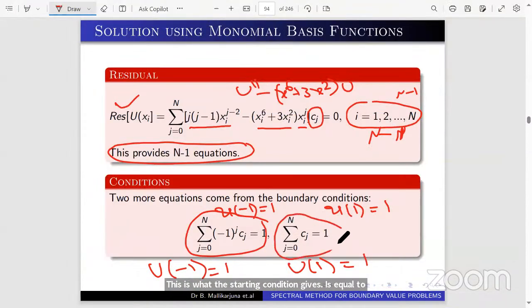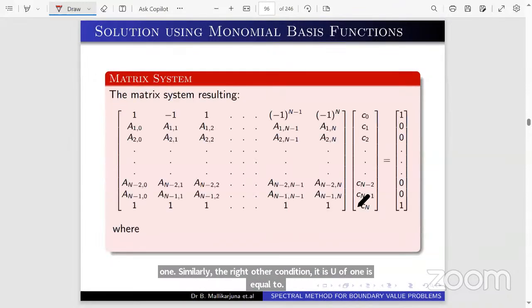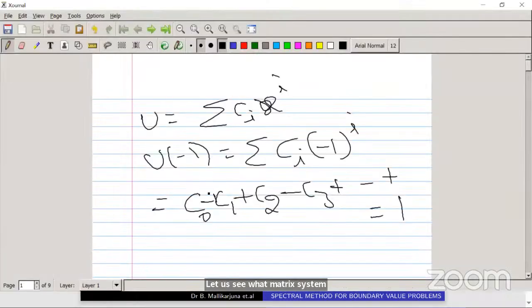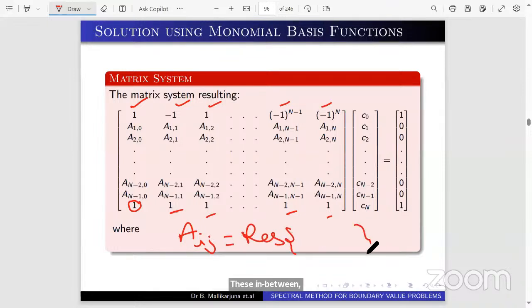Similarly, the other condition is U of 1 is equal to 1. Let us see what matrix system results. As I told, the C0 coefficient is 1, minus 1, 1, minus 1, 1, minus 1. Similarly, for the right endpoint, this is 1, 1, 1, and so on. These in-between Aij entries are nothing but the residual function.